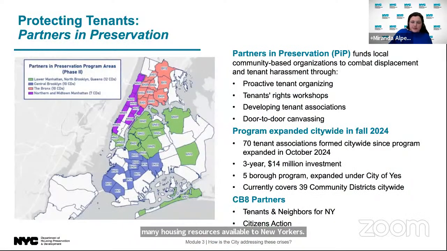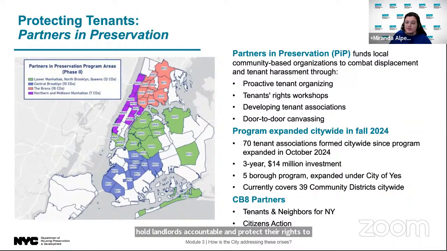The first thing we'd like to highlight is a specific program called Partners in Preservation. PIP is a program that provides funding to community-based organizations to help combat displacement through tenant organizing and helping tenants learn their rights. This program allows tenants to take collective action to hold landlords accountable and protect their rights to a safe and comfortable home.